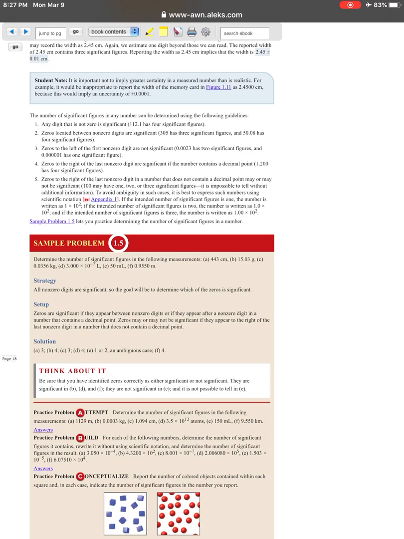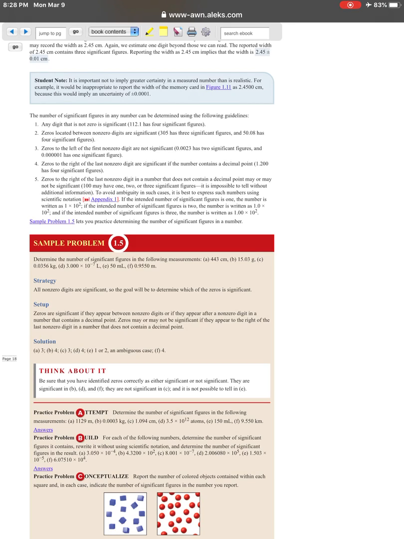So only the 2 and the 3 are significant. So that's 2 significant figures. If you look at the number 0.000001, all the zeros are to the left of the non-zero, so they are not significant. So only the 1 is significant. So that number only has one significant figure.